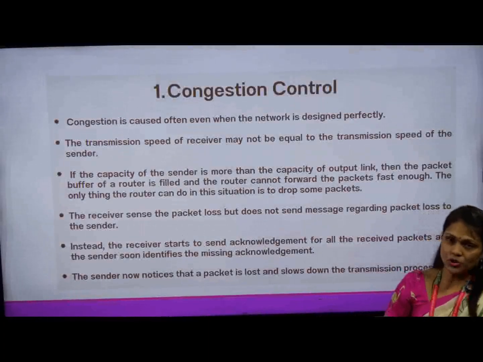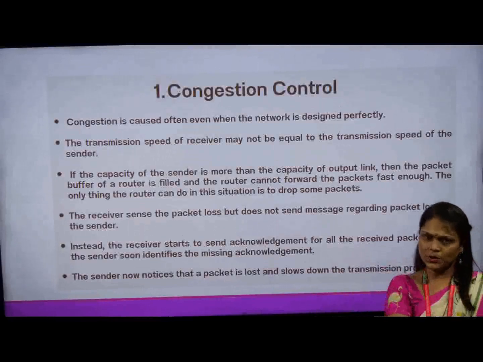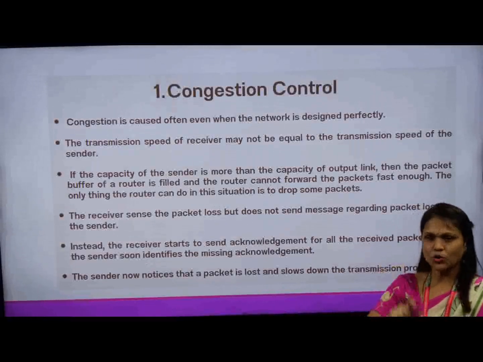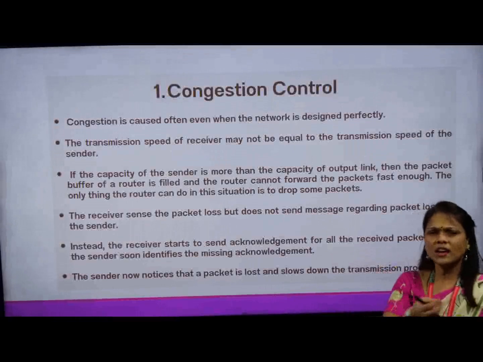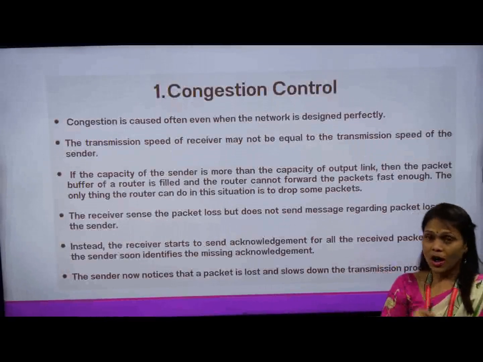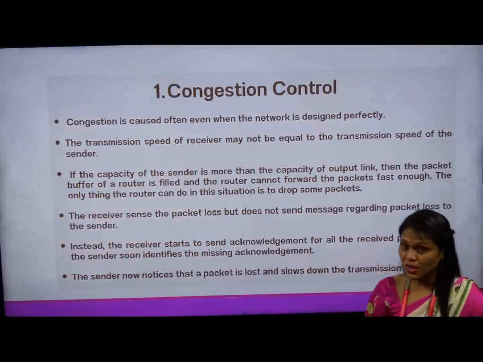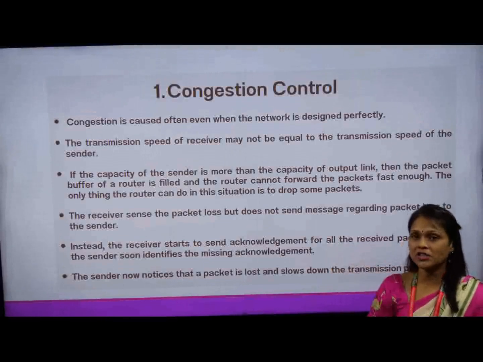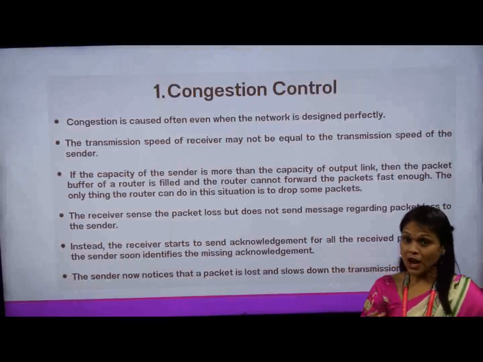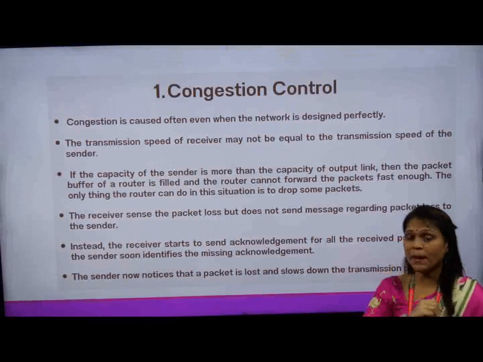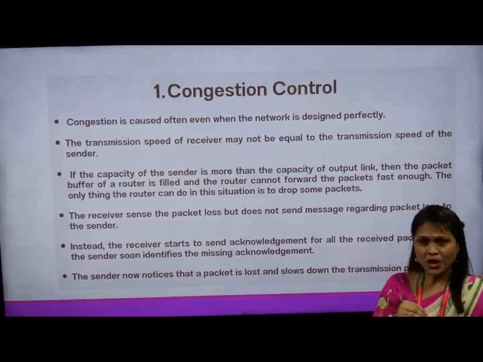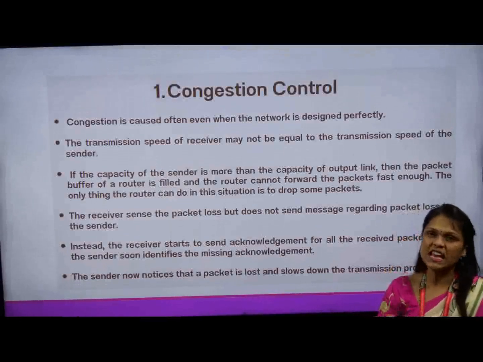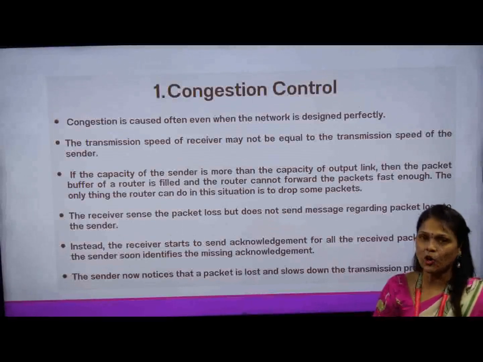So the receiver's duty is to tell the sender that it didn't receive so and so packets, so kindly resend them. Now, how will the sender know which packets to send? The sender is sending 100 data packets. How will it know which particular packet to send? Here comes the role of NACK, the negative acknowledgement.